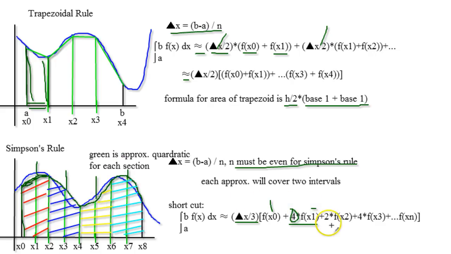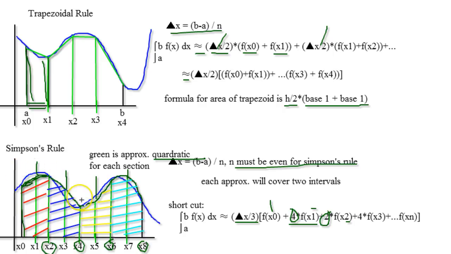For every even placement, we're going to multiply them by 2. Odd times 4, even times 2, odd times 4, even times 2. And once we get to the last term, we just leave it be. We don't multiply it by 4 or 3 or 2. That's basically how you do the Simpson's rule approximation, and this is how you get the correct quadratic approximation for each couple of intervals.